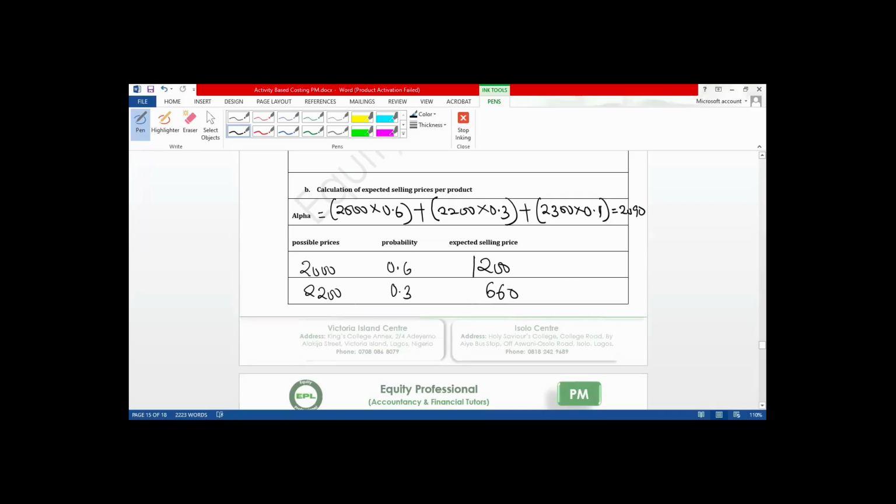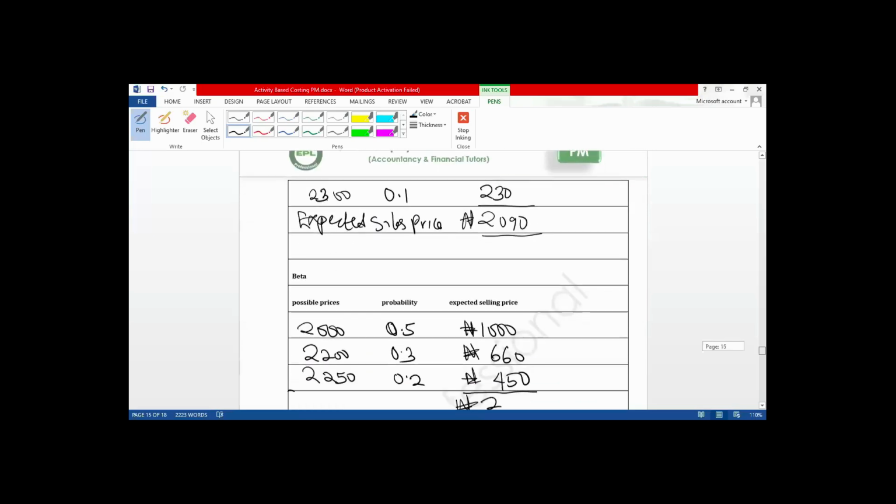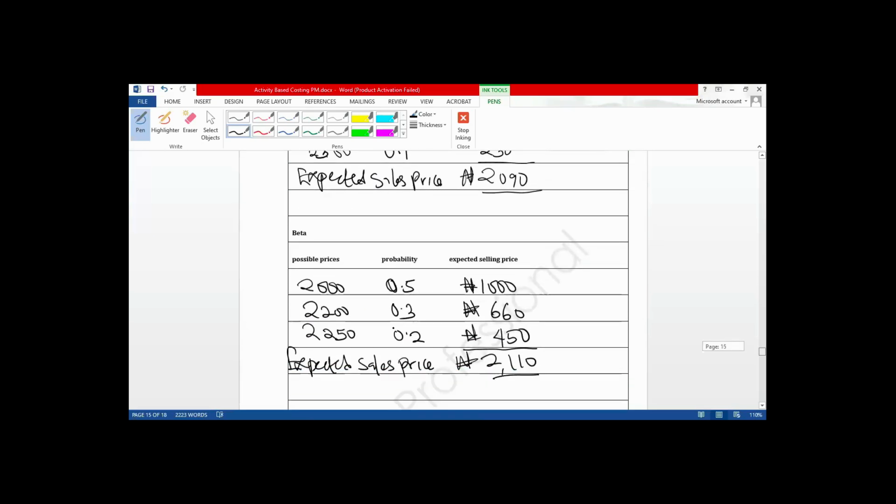Go to the second product. Beta, expected value of beta. So expected price, sales price of beta is equal to 2,000 multiplied by 0.5, close your bracket, plus 2,200 multiplied by 0.3 plus 2,250 multiplied by 0.2.